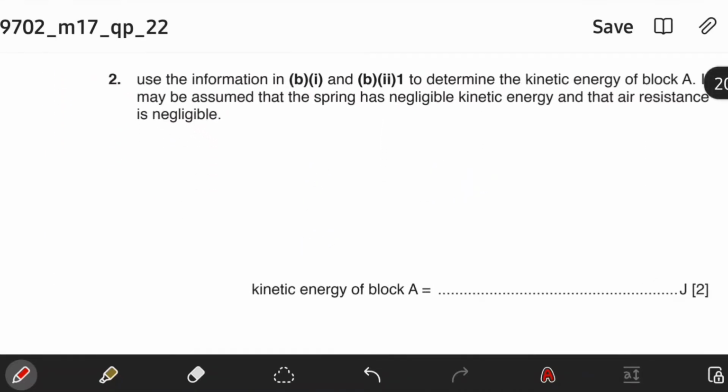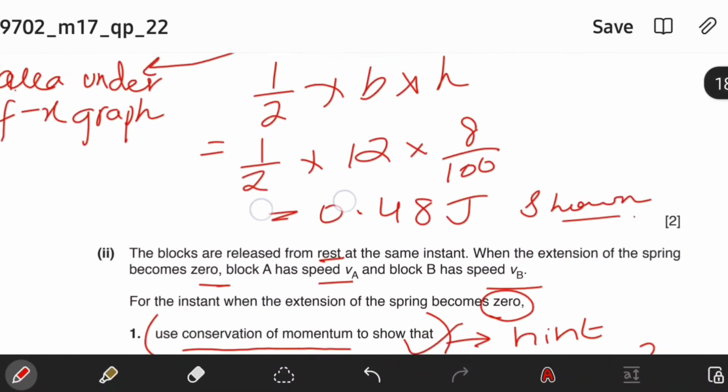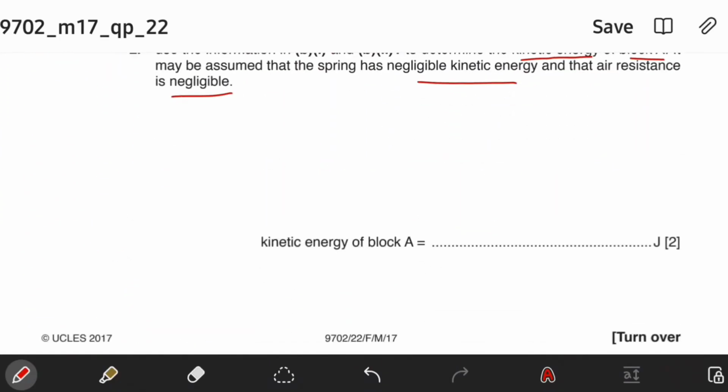Use the information in B1 and B2.1 to determine the kinetic energy of block A. It may be assumed that the spring has negligible kinetic energy and that air resistance is negligible. Okay, so we have already in part 1 found out the elastic potential energy, 0.48 joules.